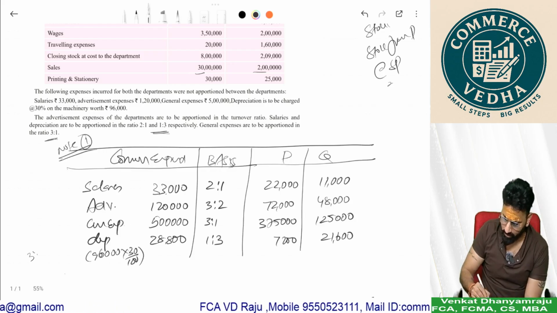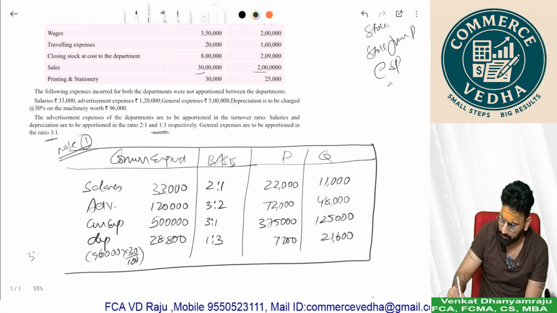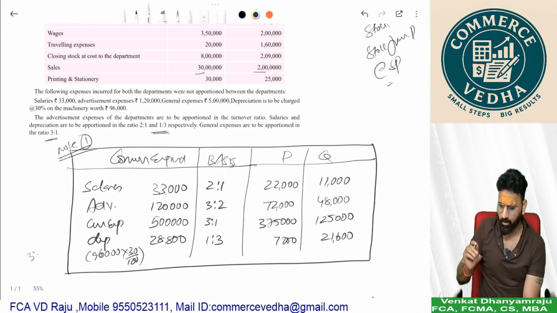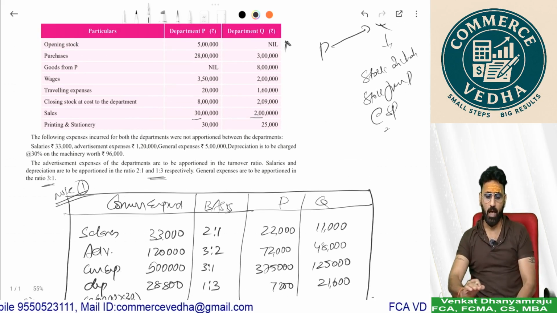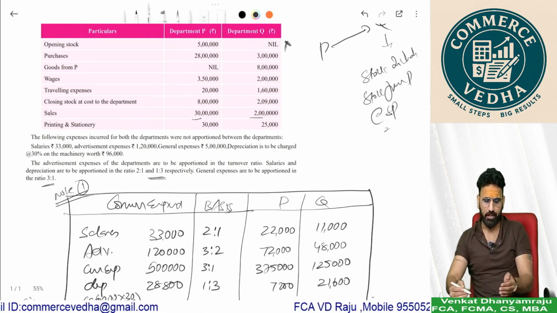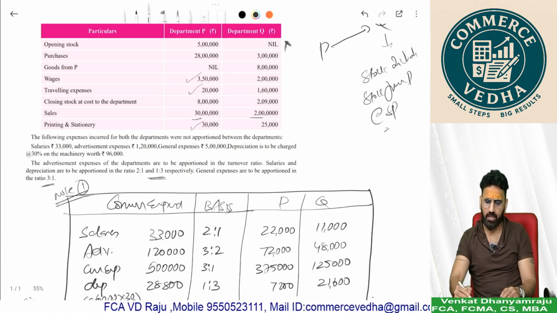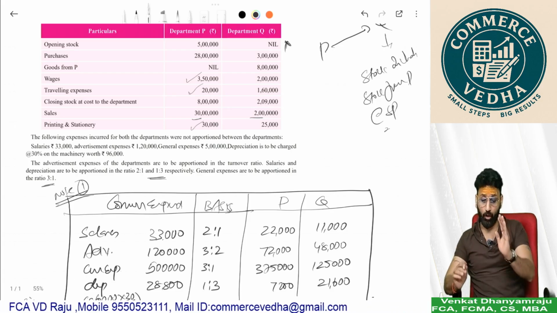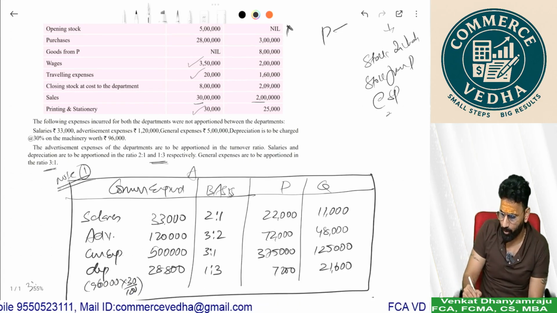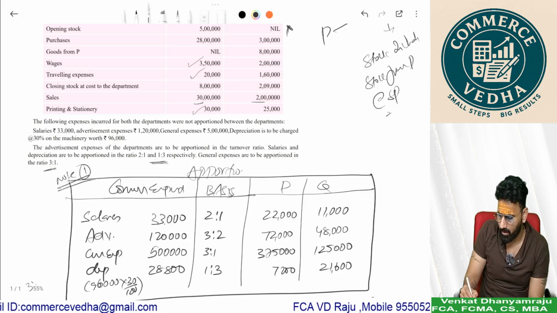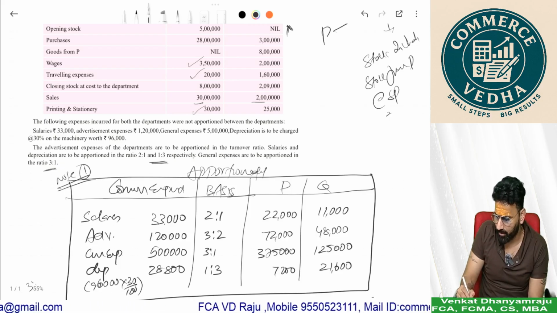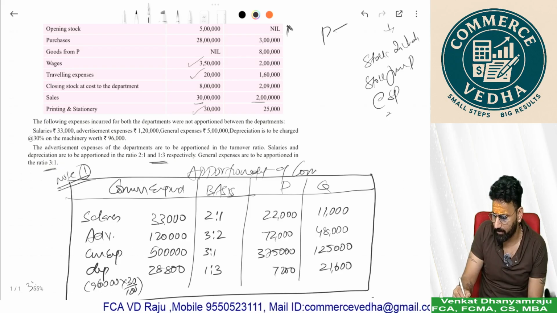So what we did first is we did the allocation of common expenditure, because other expenses like wages, traveling, printing and stationery are directly given, allocated. But here we apportioned. Apportionment of common expense.